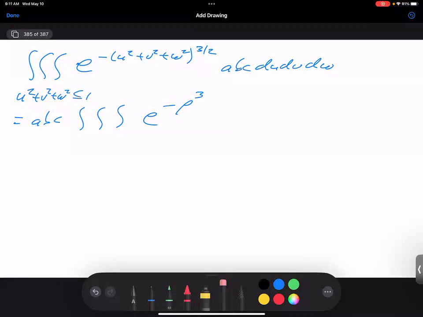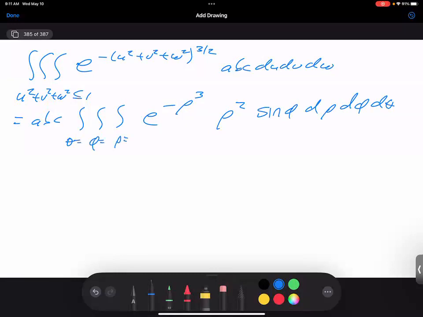What's my volume element in spherical coordinates? Rho squared sine of phi d rho d phi d theta. So I've got to figure out the ranges.